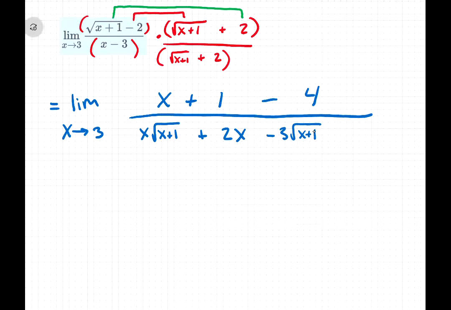And last times last, we have minus 6. Okay, so on top, let's simplify that. We have the limit as x approaches 3 of x minus 3.